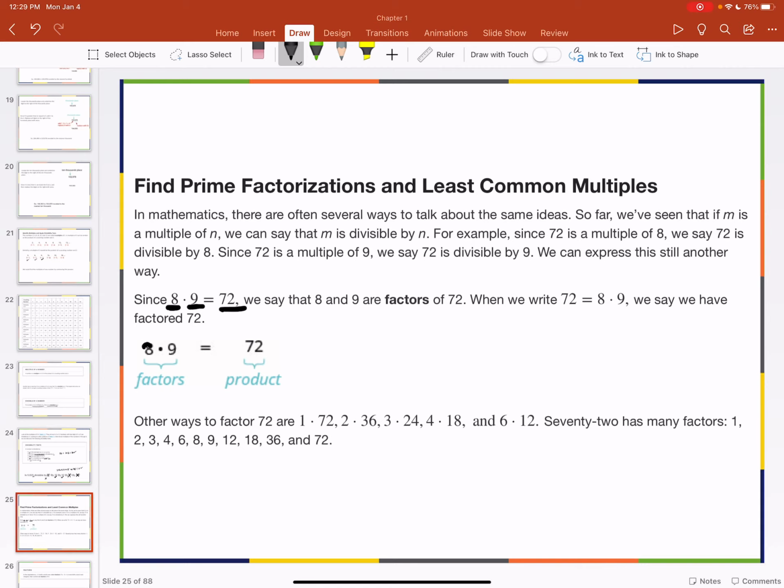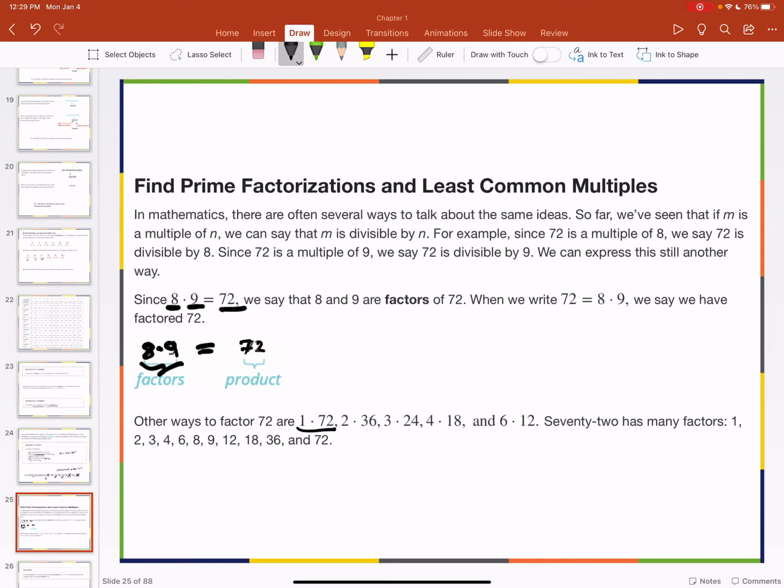So these numbers that I multiply together to become the product, which is 72, are known as factors, okay? So it's really to your benefit to be super comfortable with the word factor because we're going to be factoring a lot, okay? We're going to be taking numbers and breaking them apart and studying them and then putting them back together again sometimes.